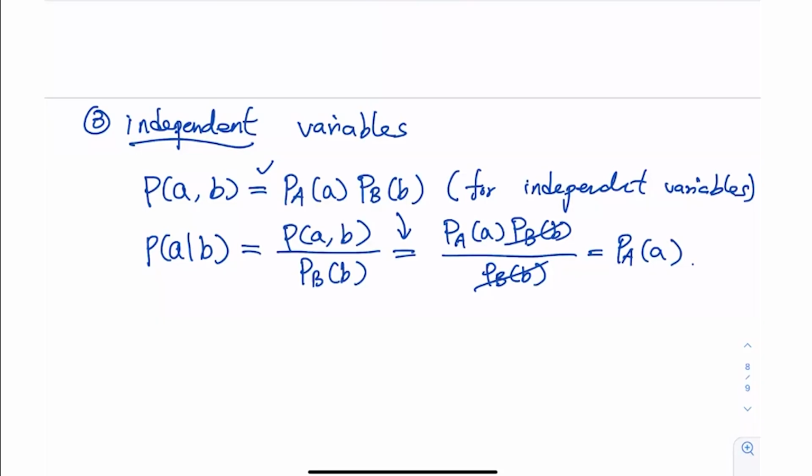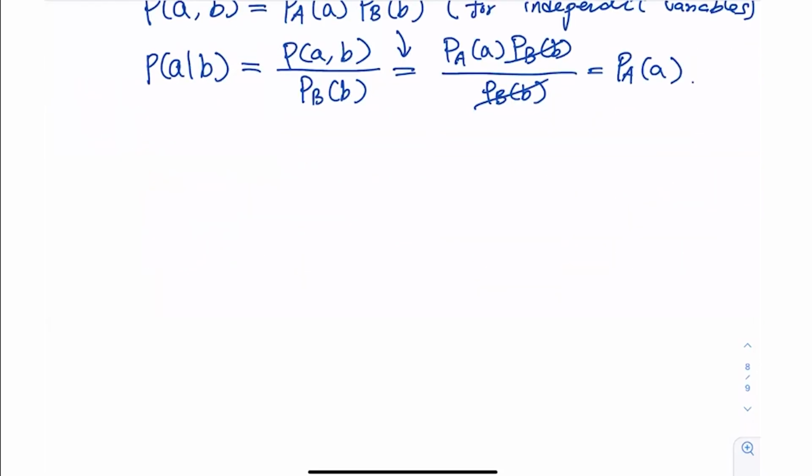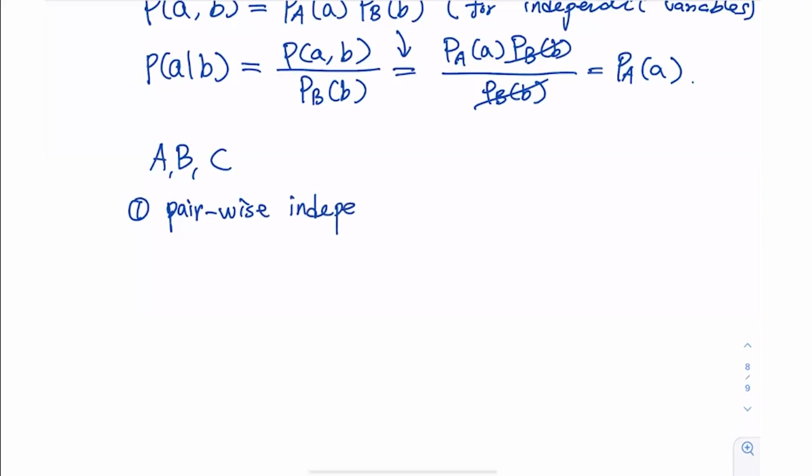If we have multiple random variables, for example, let's take the case where we have A, B, C random variables. When we talk about independence, there are several definitions. Let me start from the simplest one, which is pairwise independent. What do I mean by that?